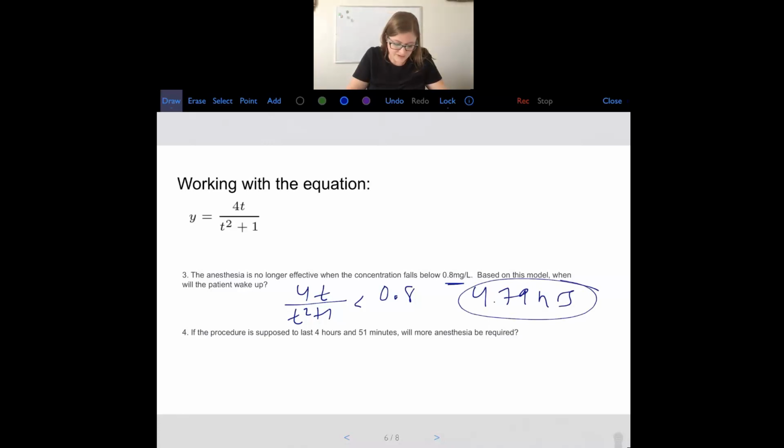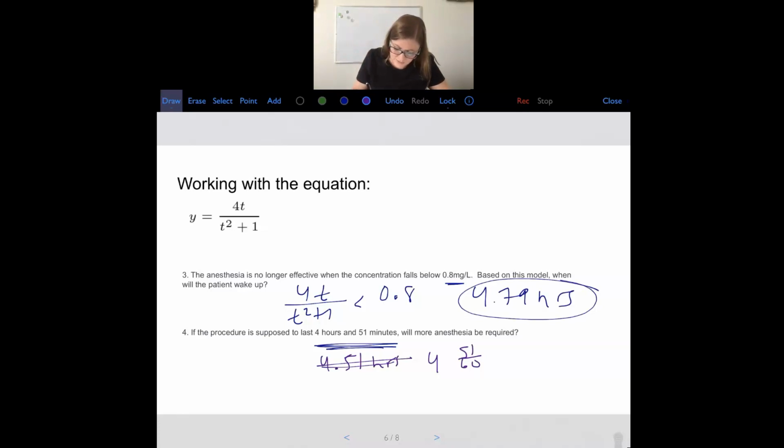Okay, so if the procedure is supposed to last 4 hours and 51 minutes, will more anesthesia be required? So for this one, be careful. This is 4 hours and 51 minutes. It is not the same as 4.51 hours, okay? 4.5 hours is 4 hours and 30 minutes. So be careful. This is 4 hours and 51 over 60 because our whole is 60 minutes.